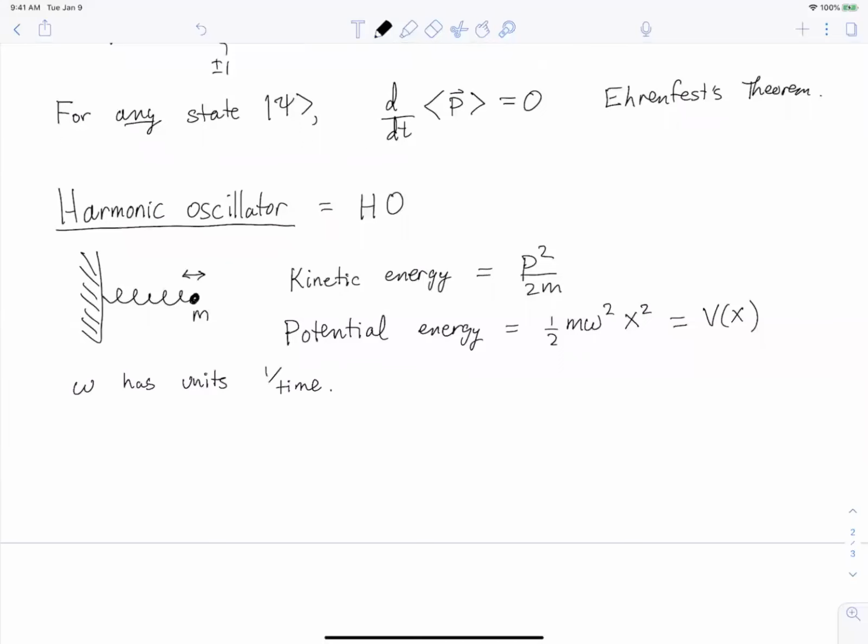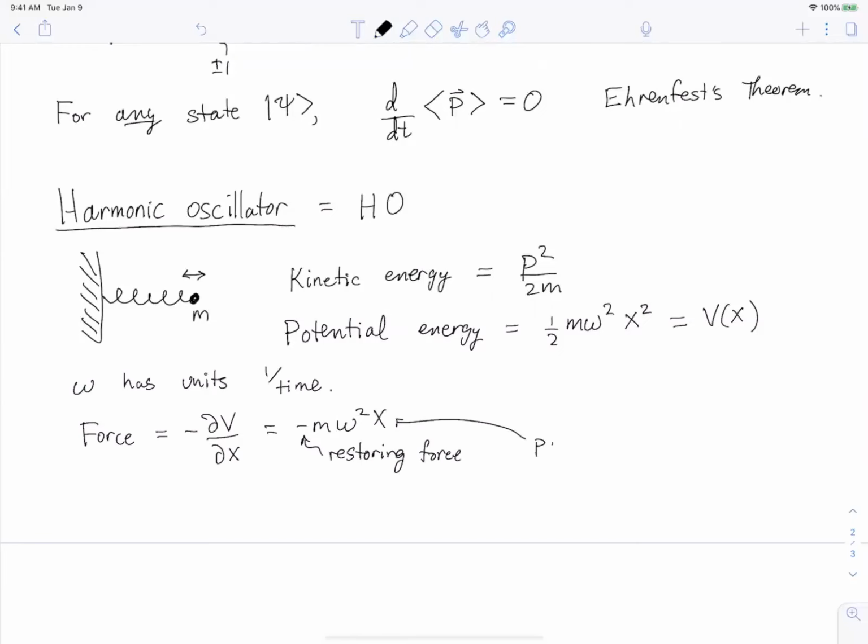Okay, and the classical force on this mass is minus the x derivative of the potential, which is minus m omega squared times x. The fact that there's a minus sign means it's a restoring force, and it's proportional to the displacement.